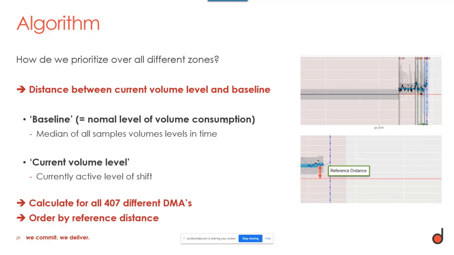It's only in certain situations, where it's more than 50% of the time in a leak situation, that this is estimated poorly. Then we compare that to the current volume level, the currently active level of shift, and calculate this distance. If we rank all the DMAs by this distance, we can see which DMAs have the most potential water loss, and we start by focusing on those DMAs.